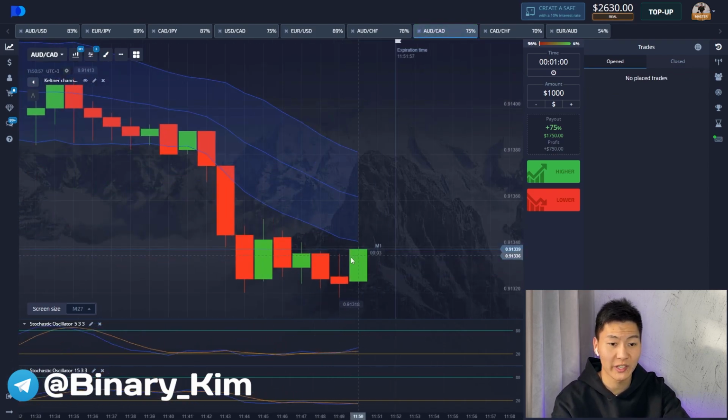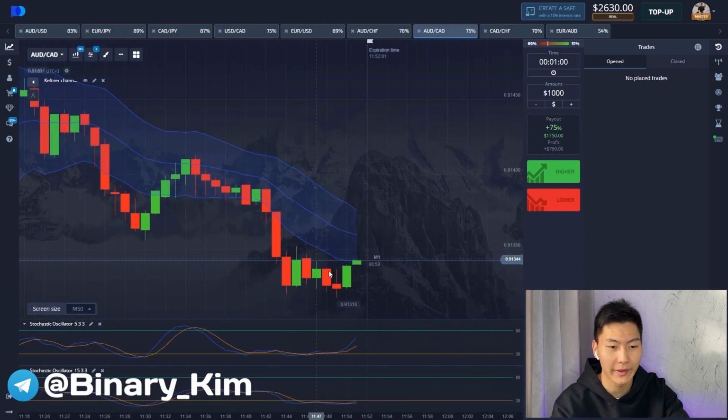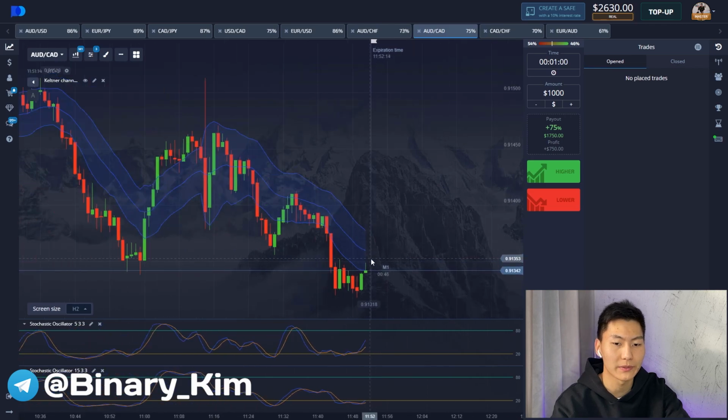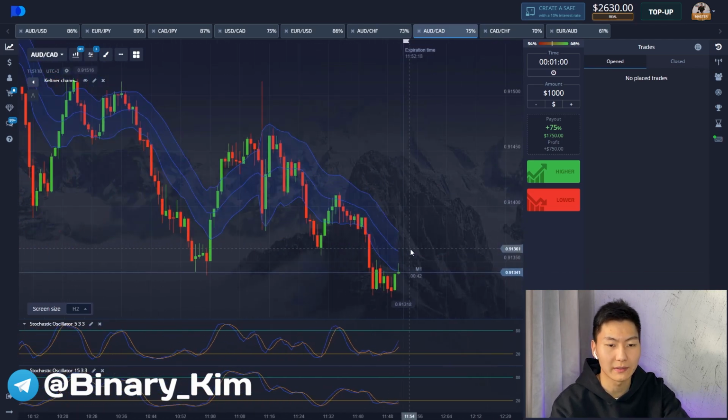The second position has been closed in profits, so the signal was absolutely accurate, even though we opened at the high level. Ideally we had to open here at the lower point, but we opened at a higher level. It doesn't matter now because the position has been closed in profits, even if we opened a little later.